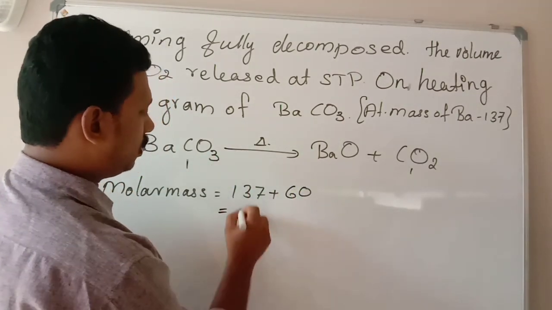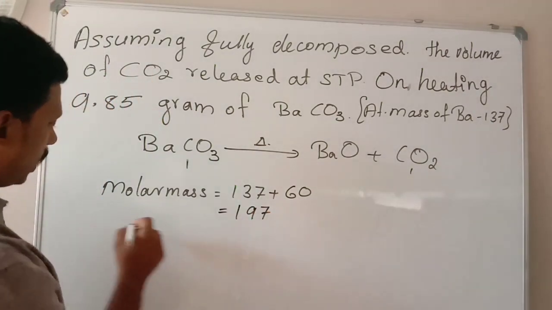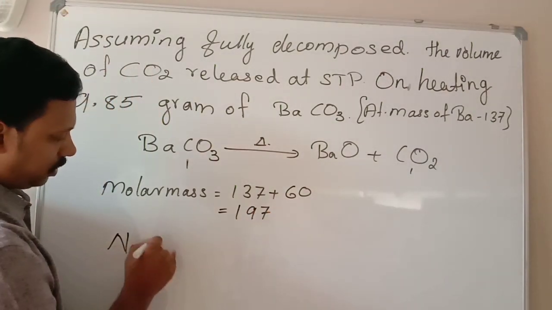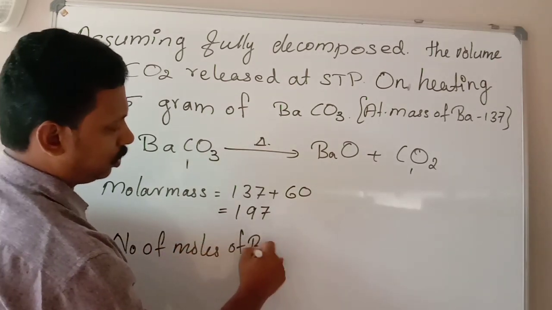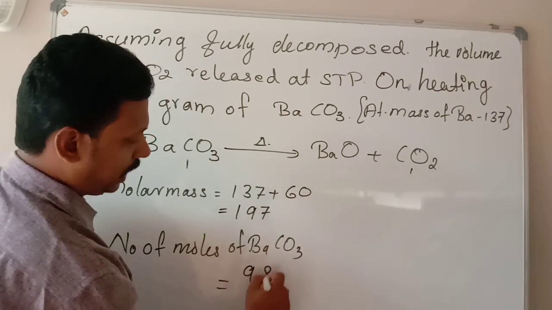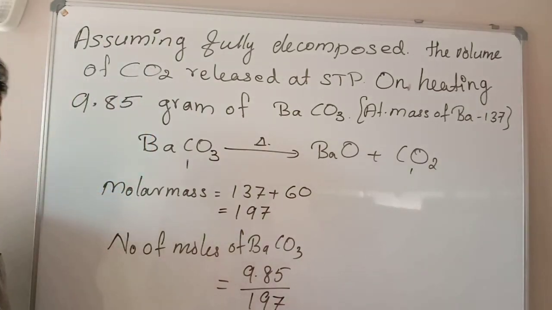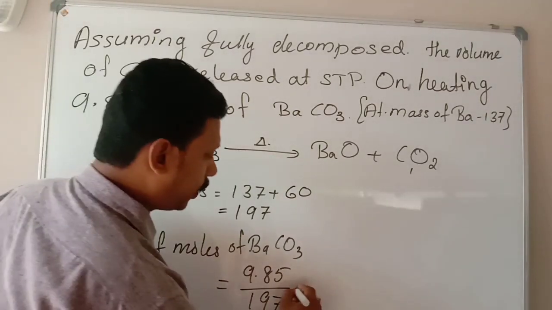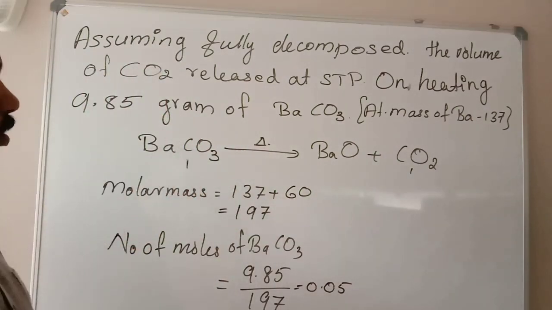You can directly add these two, so that becomes 197, the molecular mass. Number of moles of BaCO3 is equal to 9.85 divided by 197, and the answer is 0.05. So 0.05 moles of barium carbonate.